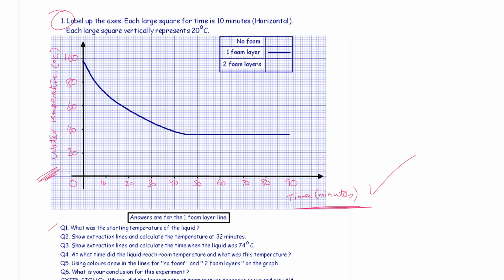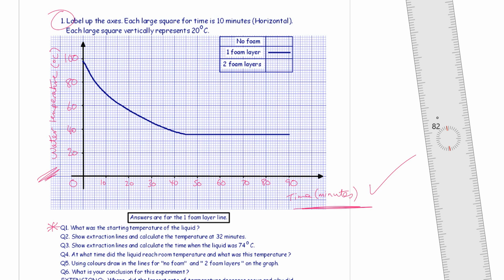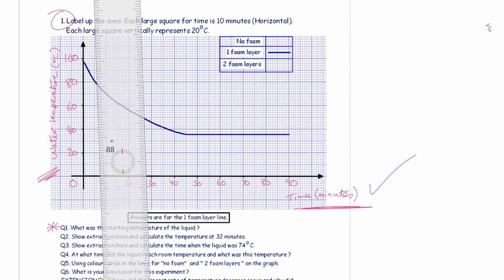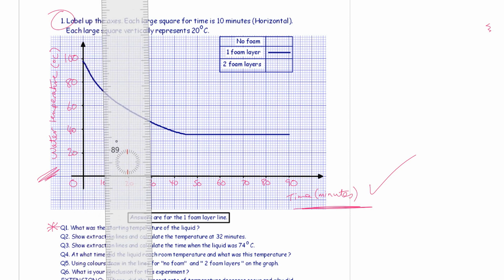Then it says, question 1, what was the starting temperature of the liquid? The starting temperature of the liquid is up here, and I would estimate that to be either 97 or 98 degrees centigrade. Number 2, show extraction lines and calculate the temperature at 32 minutes. So you get your ruler, you put it at 32 minutes, which is just about here.